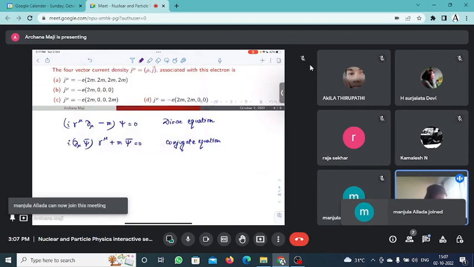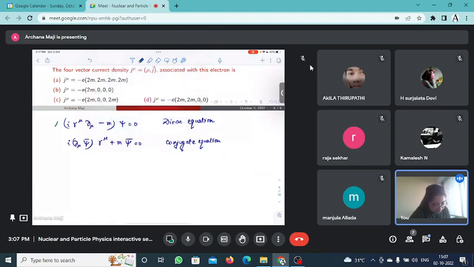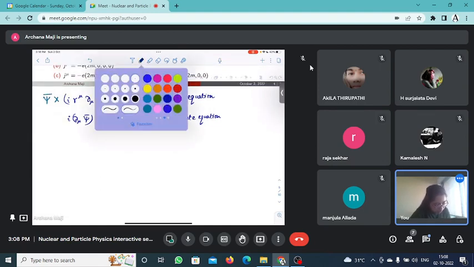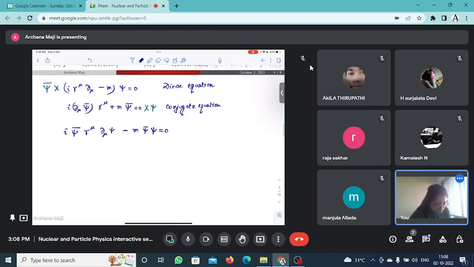If we pre-multiply this equation with psi bar and post-multiply the conjugate equation with psi, then we get i psi bar gamma mu del mu psi minus m psi bar psi is equal to 0, and from the conjugate equation we get del mu psi bar gamma mu psi plus m psi bar psi.